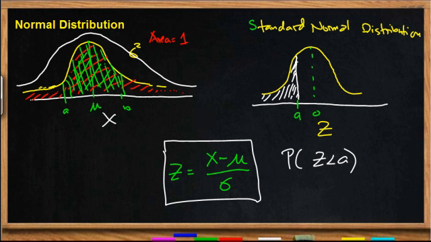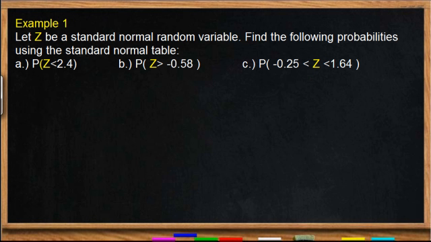So let us try to solve an example for that. So now example 1, let z be a standard normal random variable and find the following probabilities using standard normal table. So magamit ta og standard normal table. Sa table, ang ginahatag nga value is, for example, this one, letter A. A is probability that z is less than 2.4. So ang probability nga ang z is less than 2.4, atong lantawon sa table.